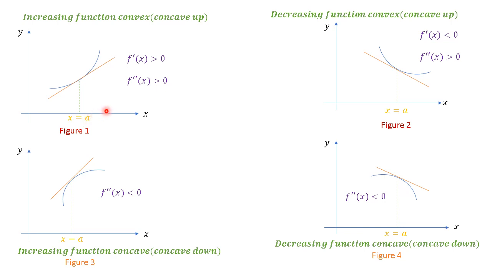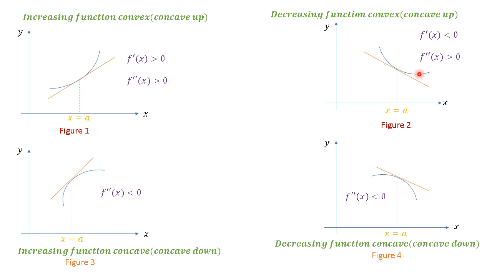Next, see figure 2. The graph of the function also lies completely above its tangent line, isn't it? But f dash of x is less than 0, which means the graph is decreasing.